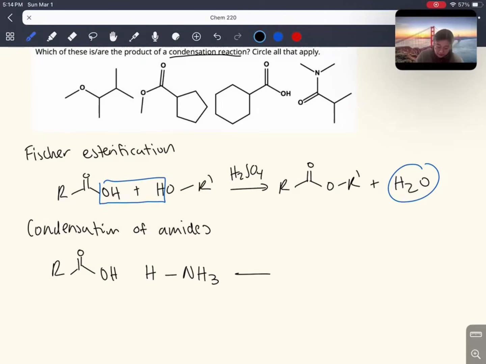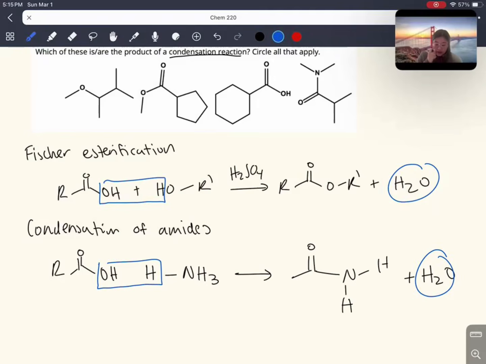When you react this, you get your amide, and you also get water as your side product. The water in this case also comes from the OH group on your carboxylic acid and one of the hydrogens attached to the NH3 group. And so both of these are examples of condensation reactions. They form water as a side product.